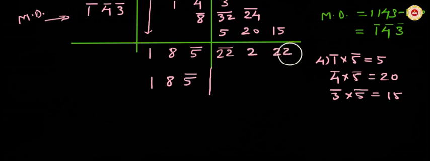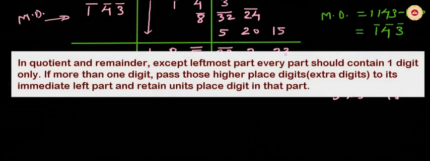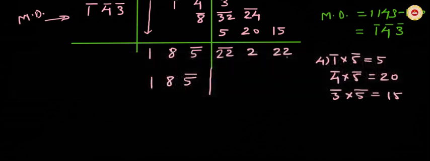Okay, so starting this process of passing the digits from right to left. This part, first part from right side, 22, 2 digits. So let us retain units place digit 2 and pass this 2 to its left part, that means 2.